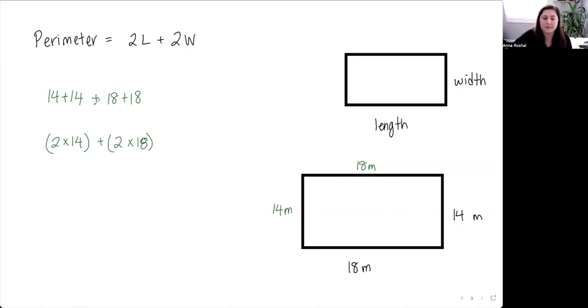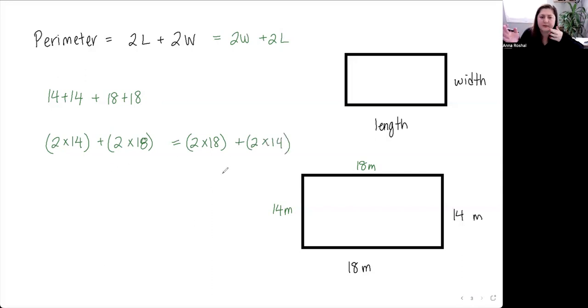Now, one thing that I want to make very certain is we can actually say perimeter is 2 times the length plus 2 times the width, or we can say it's 2 times the width plus 2 times the length, right? And honestly, it won't matter. This is going to be the same thing as 2 times 18 plus 2 times 14. Our answer is going to be the same regardless.